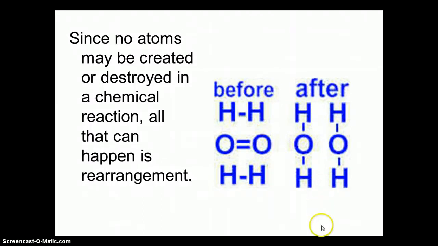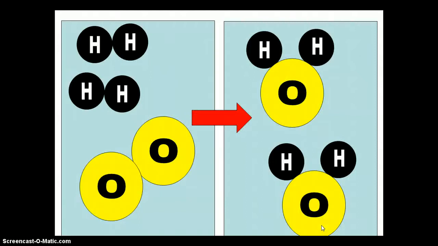We just rearranged how they were connected to each other. Here's another illustration that's very similar to what I showed you before, but now the symbols are inside of the atom and molecule representations. So this is H2 plus H2 plus O2 yields 2 molecules of water.